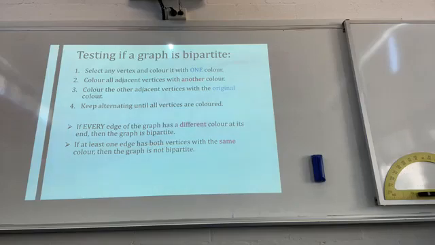If every edge of the graph has a different color at its end, then the graph is bipartite. If not, the graph is not bipartite. So either use a color or use a marker. In the exam, you should be using a marker. Highlighter is fine, but if you really want to indicate to the examiner what you do, always use cross and circle.